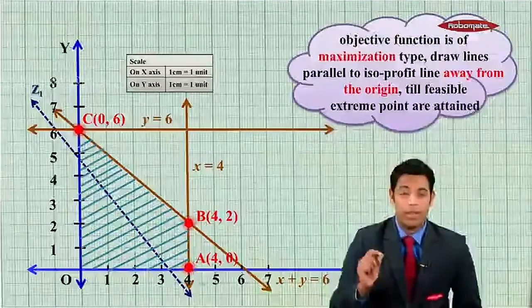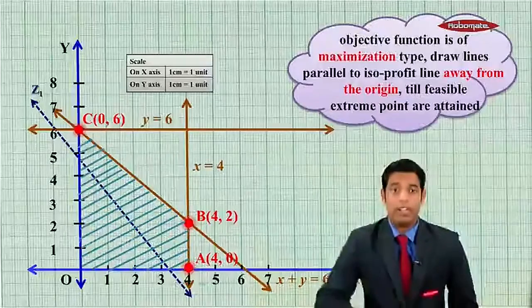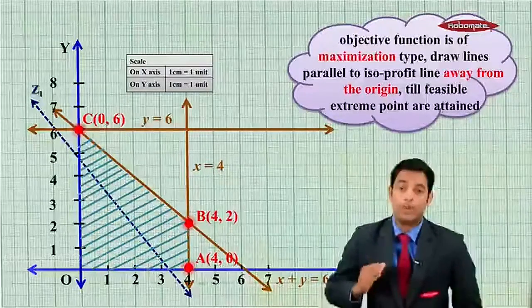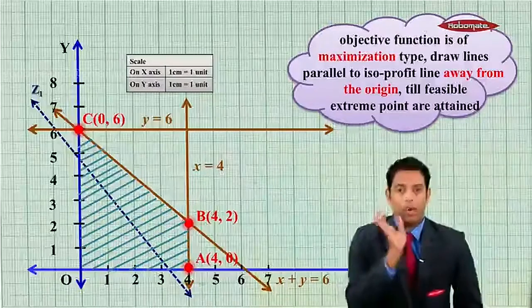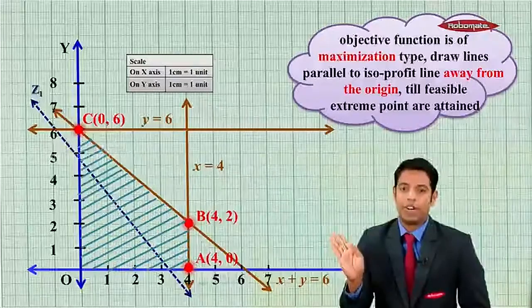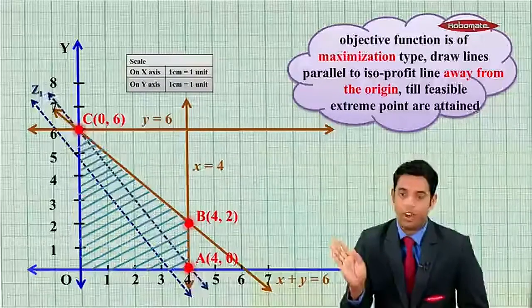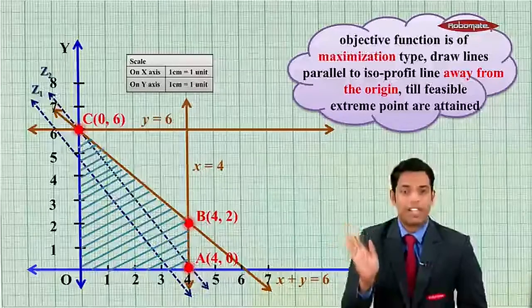Now remember, since the objective function is of maximization type, we will draw lines parallel to the isoprofit line away from the origin. So we will draw all the lines away from the origin. So let's start to draw lines away from the origin parallel to the initial isoprofit line.